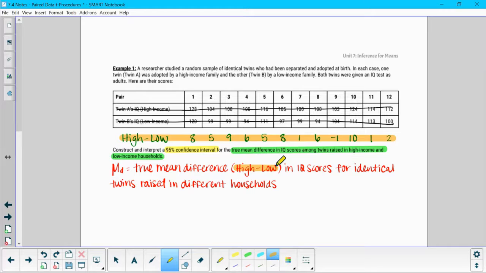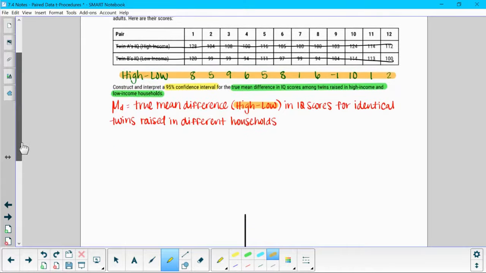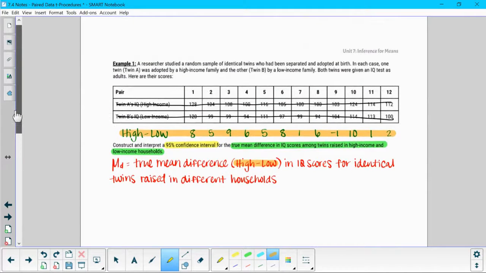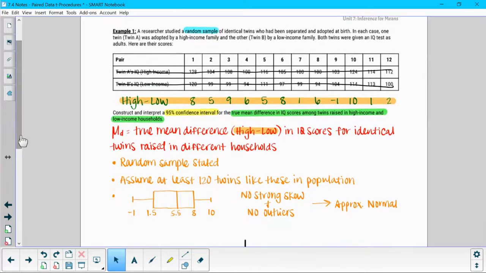So now that I know what my parameter is, I can go ahead and start checking my assumptions and conditions. I'm going to first find out, I did take a random sample. So I'm going to go through these, and it's going to pull everything up at once, and we'll go over it together.